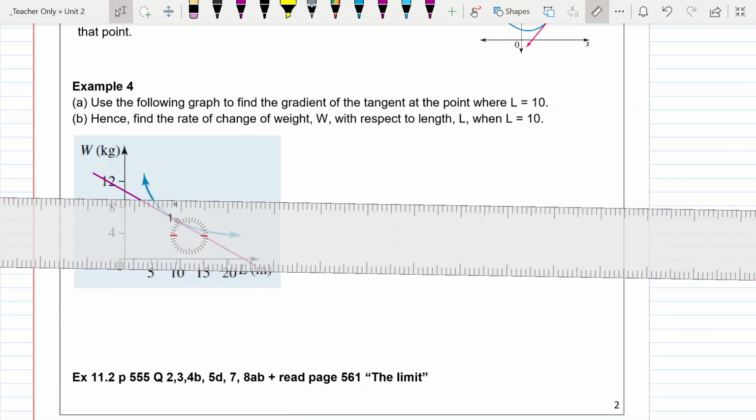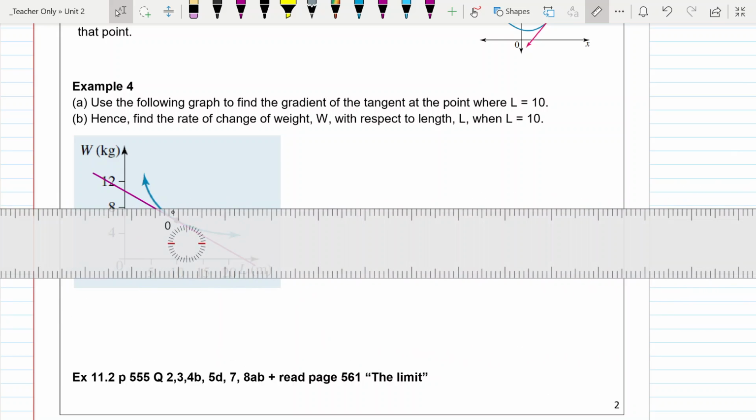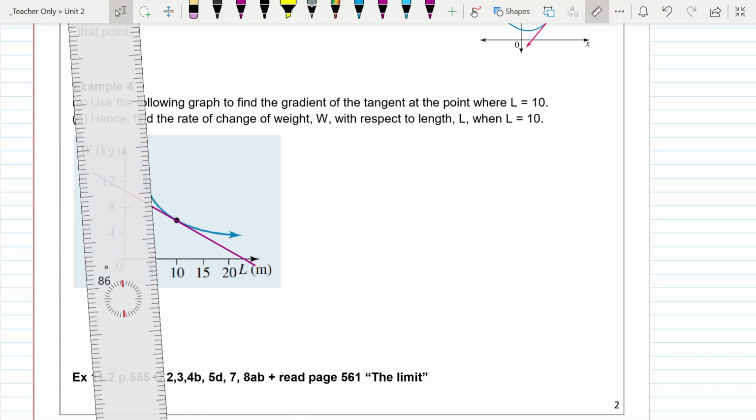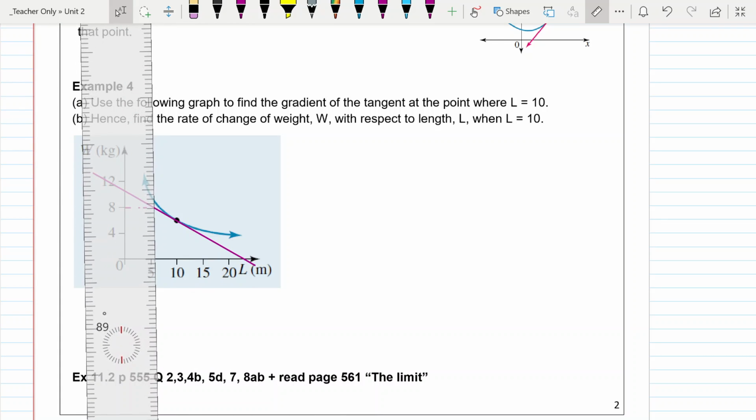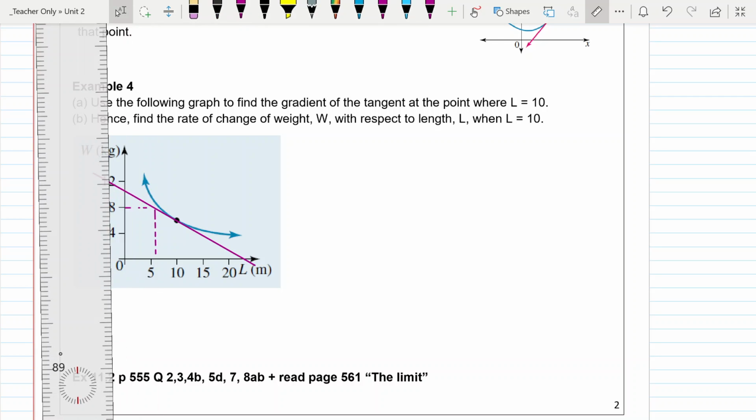Let's pick this point A. It looks like it might be around about 6. So my first point will be (6, 8).